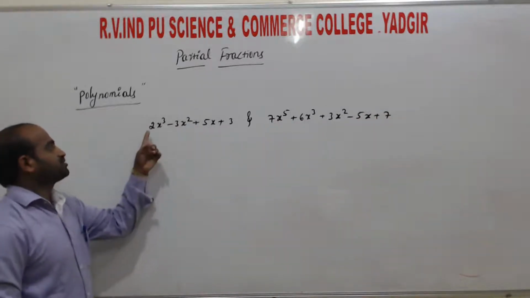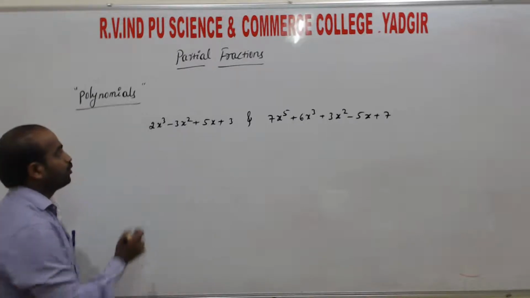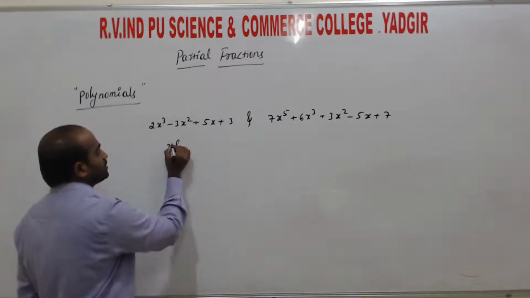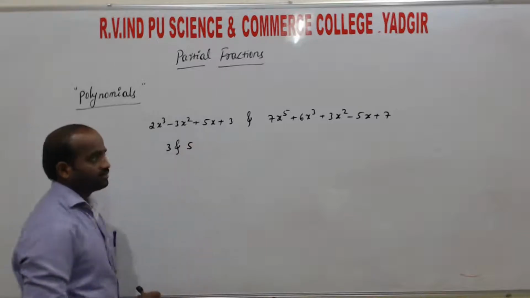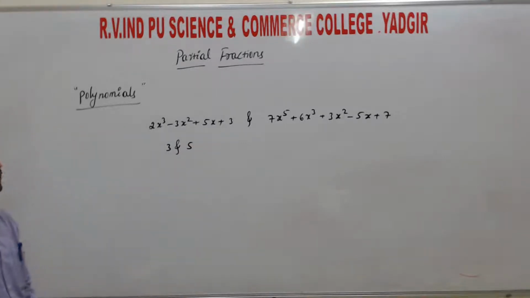The degrees of these polynomials are what? Both of third degree, so 3 and 5. These functions' degrees are 3 and 5.